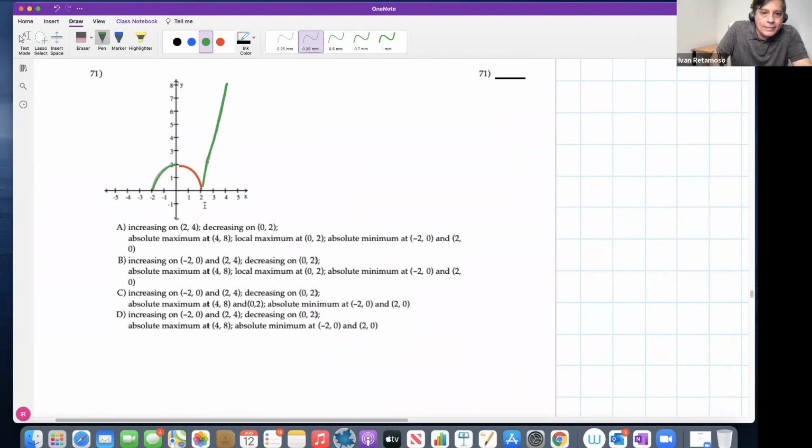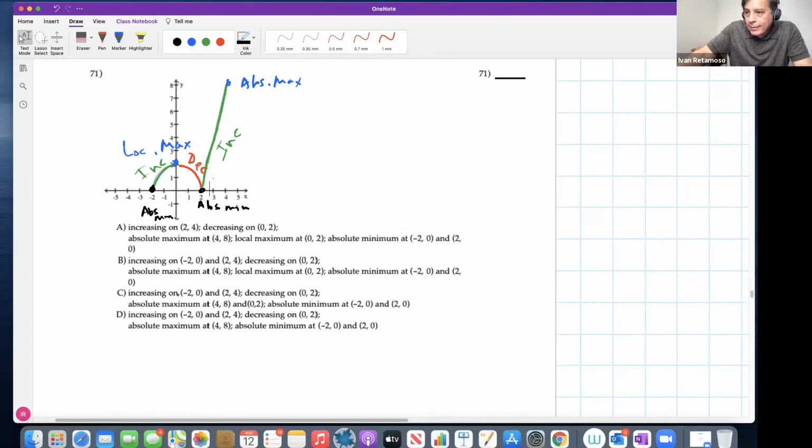In this case, I think here appears an absolute min, sorry, absolute min, and this should be an absolute max. This should be a local max. And then increasing here, decreasing here, right? Yeah, I think we're good with this part, 71.